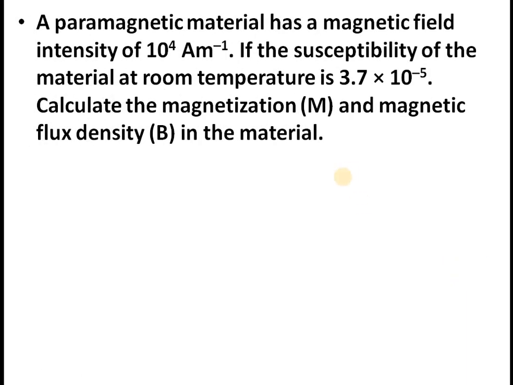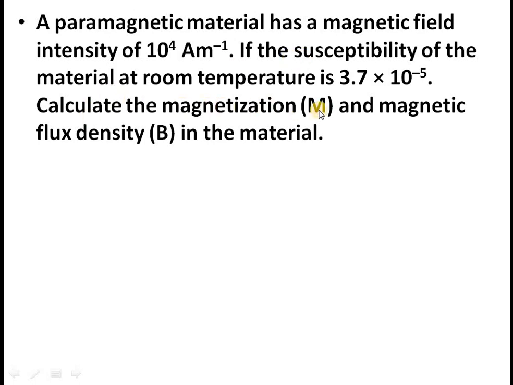A paramagnetic material has a magnetic field intensity of 10 raised to 4 ampere per meter. This is in fact the H value, capital H. If the susceptibility of the material at room temperature is 3.7 into 10 raised to minus 5, susceptibility means chi M, magnetic susceptibility.